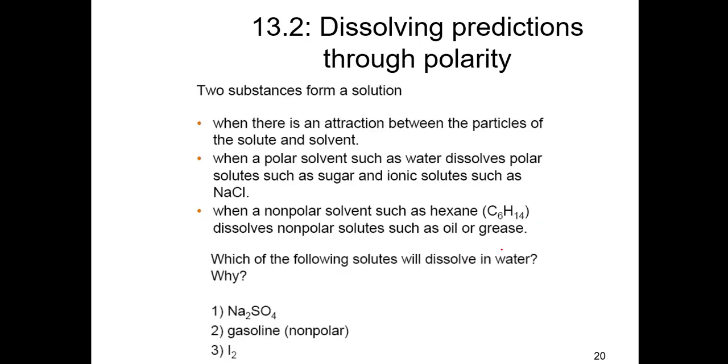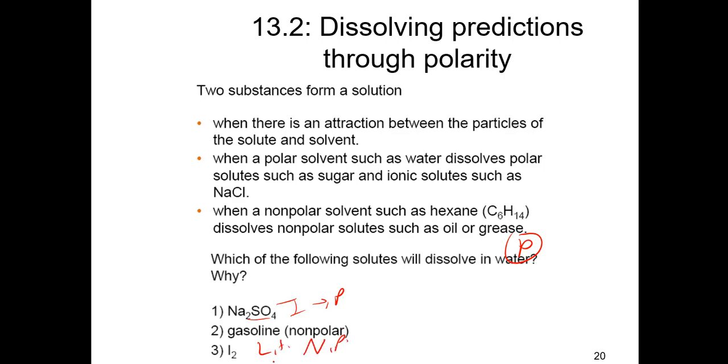Now, applying our intermolecular force rules in determining whether something dissolves. Water is polar. Let's figure out what each of these are. That's ionic, therefore that's polar. Gasoline's nonpolar. Iodine is going to be London forces, and that's going to be nonpolar.